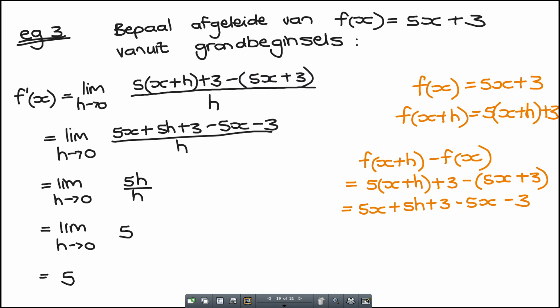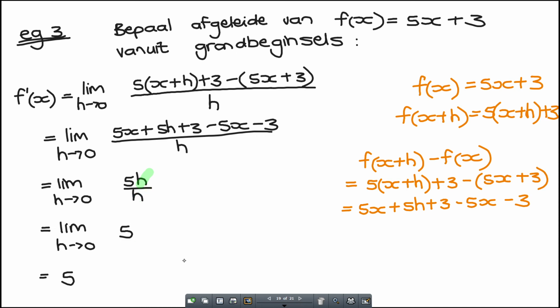Now when I multiply those in, you would get this. Now 5x minus 5x gives me nothing and 3 minus 3. So that is how I end up with 5h over h. Then you must see that the h and the h cancel out. So my answer is 5. Now the next step after I got that, you had to substitute in h equals 0, but there's no h.